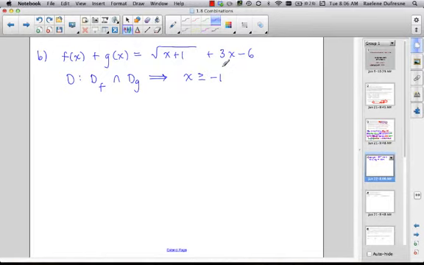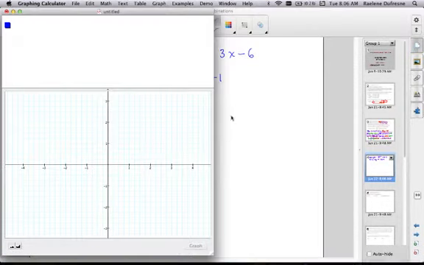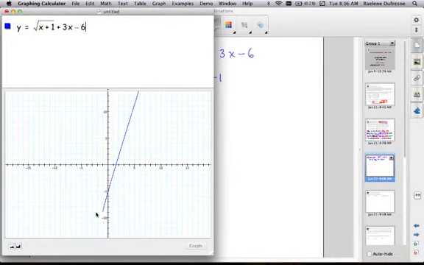Now you can check this by drawing the graph and just seeing what are the x values that make y defined. So if we have y equals the square root of x plus 1 plus 3x minus 6, the graph is defined only when x is greater than or equal to -1.